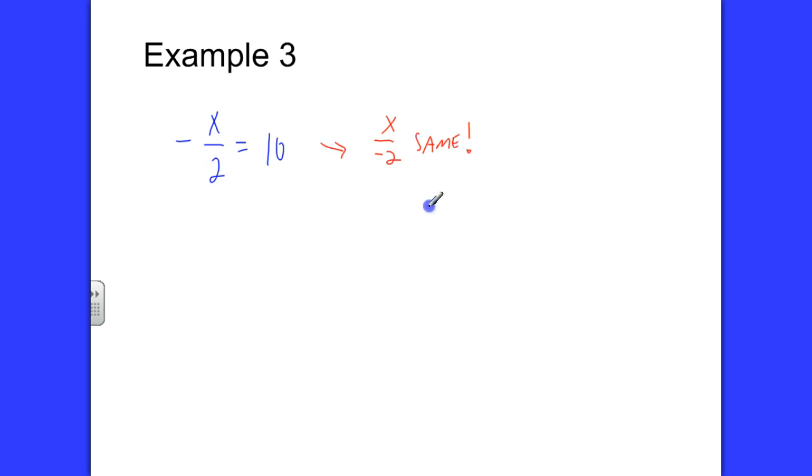You can think of it like that if that makes it easier, because I want to think of it as x is divided by negative 2. If x is divided by negative 2, what do you think I'll do to both sides? Multiply by negative 2.